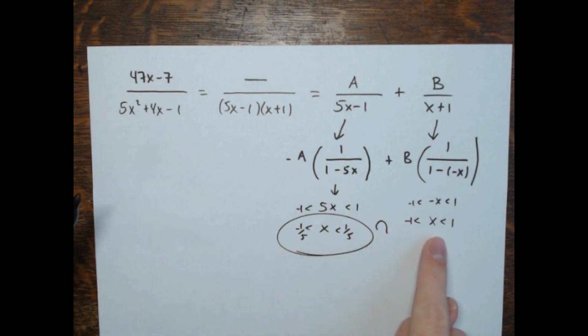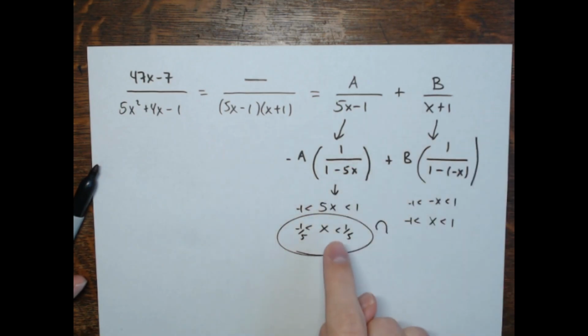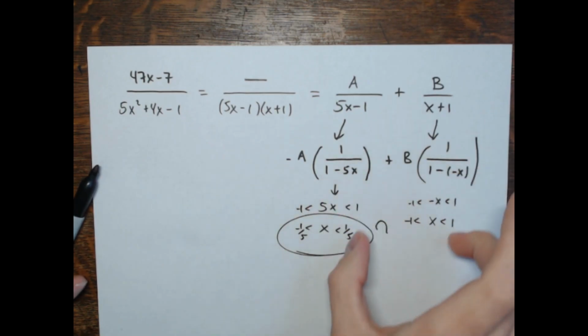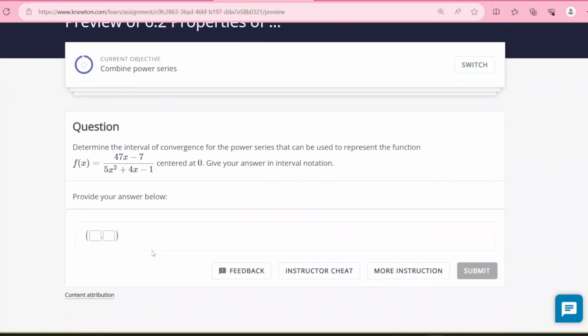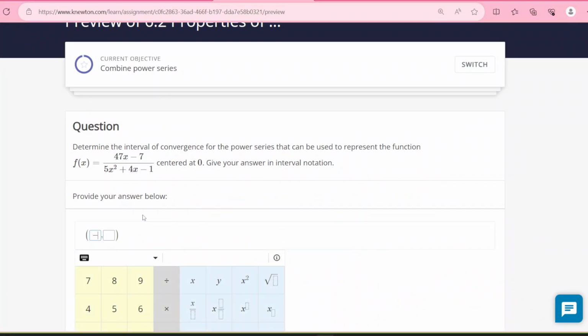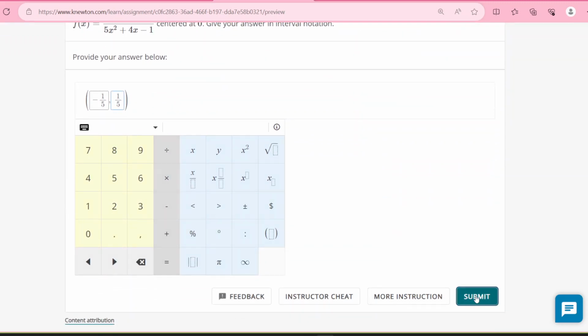The only values these share are the ones between -1/5 and 1/5, right? So if we have series that converge to these, in order for both to be convergent at the same time, the value of x we'd plug in would have to be between -1/5 and positive 1/5. So there we go, -1/5 to positive 1/5.